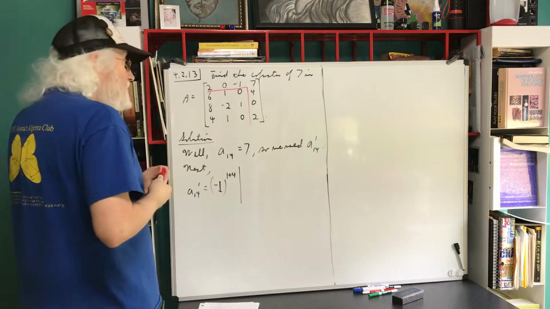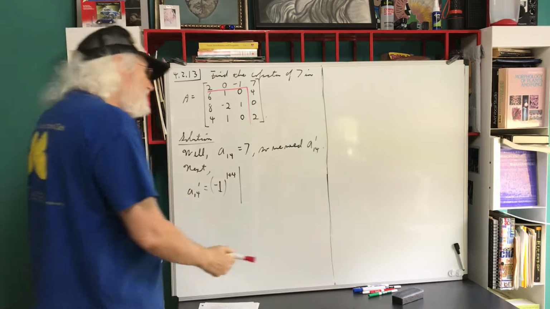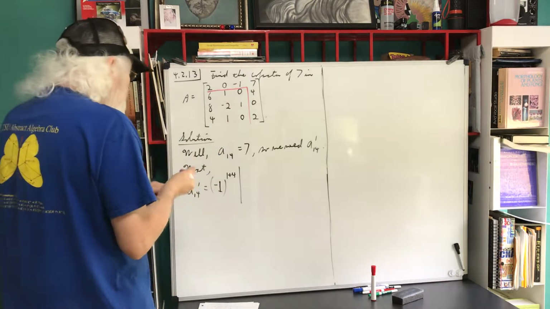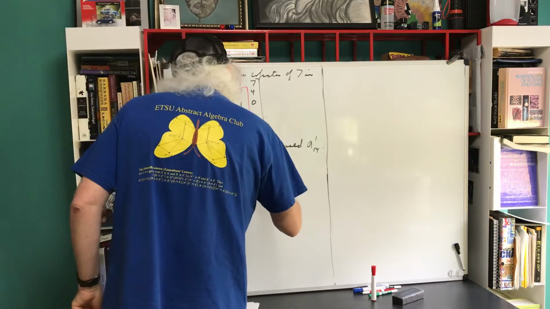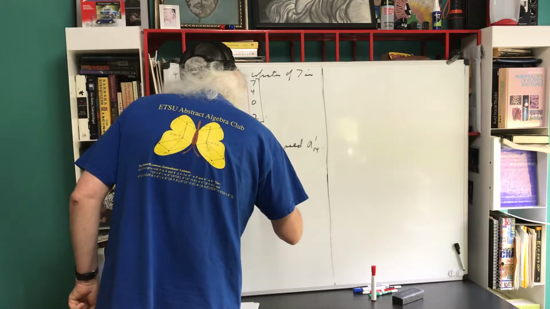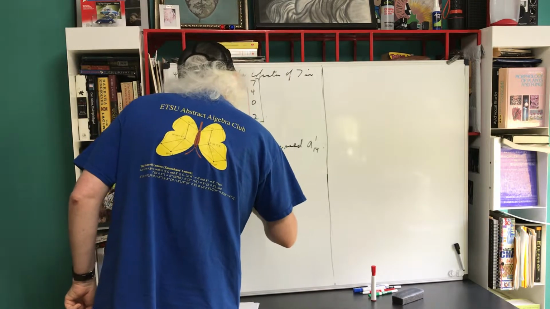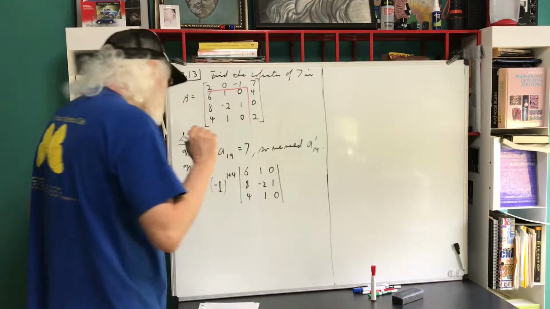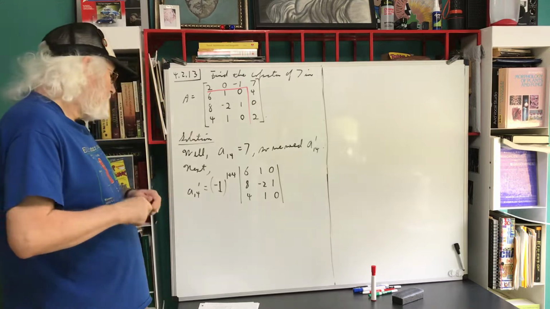That'll leave us with this little minor matrix here. We'll have to find the determinant of that. I see some zeros in it, so I'm pretty happy about that. So it's 6, 1, 0, 8, negative 2, 1, 4, 1, 0. And by definition, there's the cofactor.